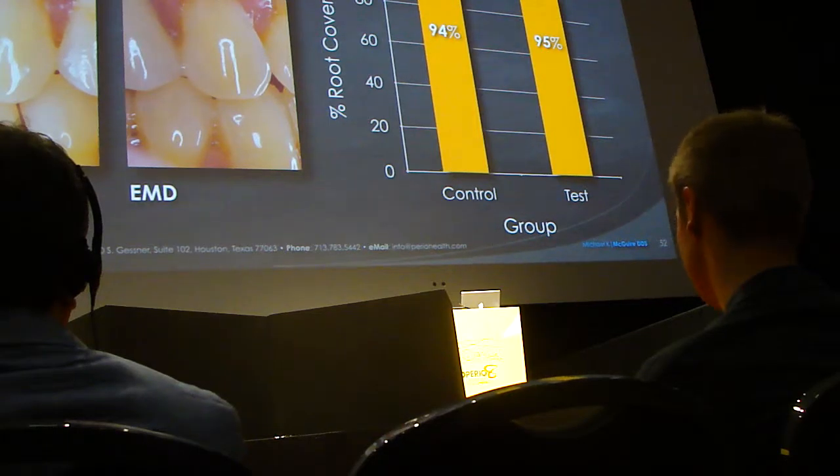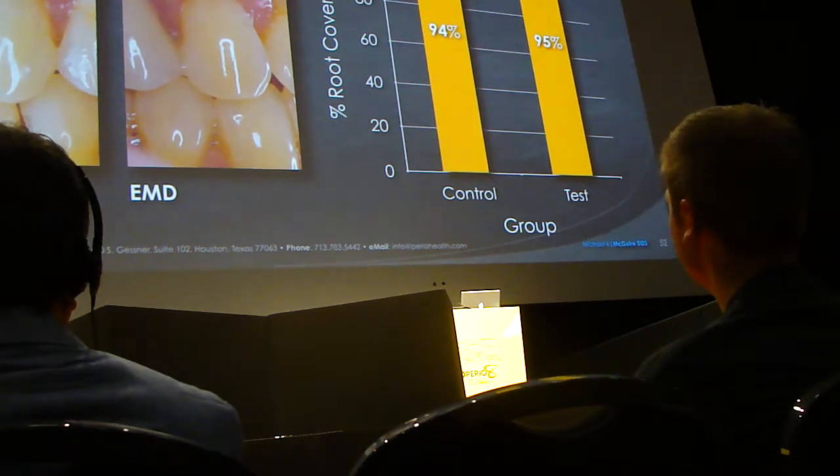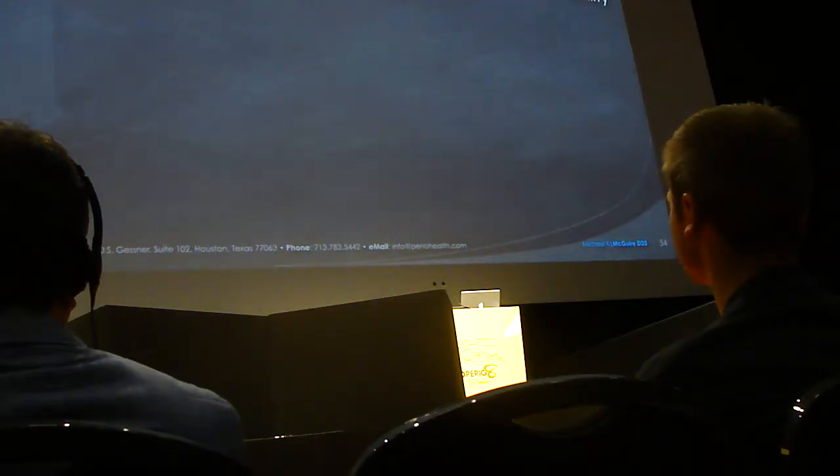Where it was different is look at percent root coverage. We achieved complete root coverage 79% of the time with connective tissue graft, and we achieved complete root coverage with EMD 90% of the time. So that was a significant difference between the two.